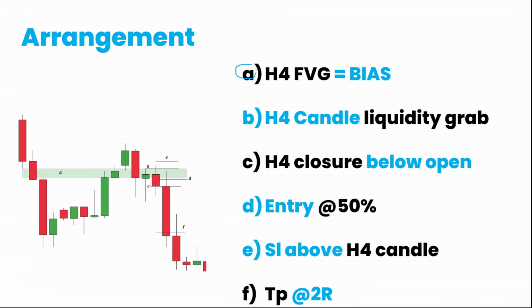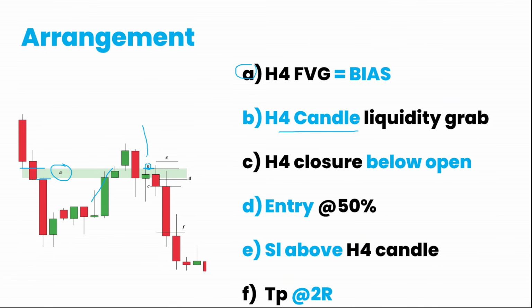Firstly, we are going to say H4 fair value gap, which is this A. So on A, we are going to look for this gap between 2 candles on the H4 time frame. Then B, which is here, we want to see the market come back to this particular fair value gap, and after coming to that fair value gap, we want to see the market give us the H4 liquidity grab, whereby the H4 will actually break above the high of the previous candle.